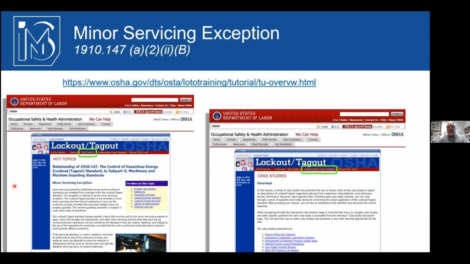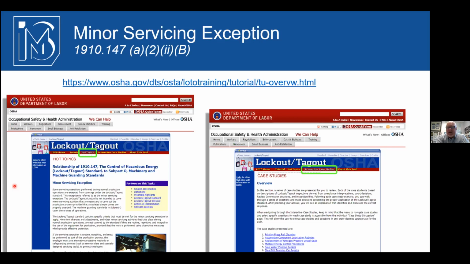OSHA is very careful when they're examining a situation, an application where a company has declared, I'm going to use a minor servicing exception. They provide some guidance in here and some pretty good training.